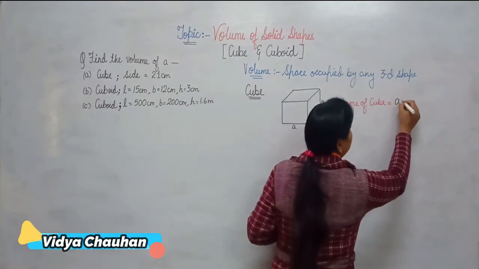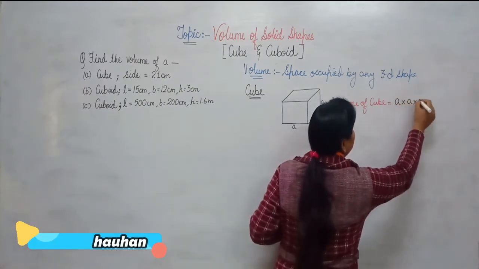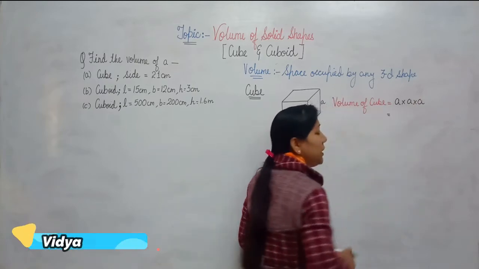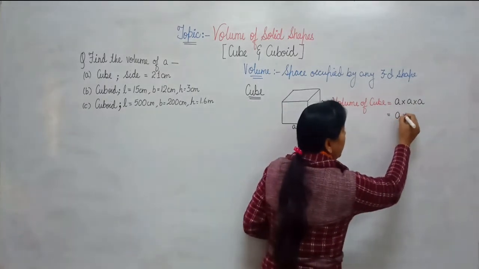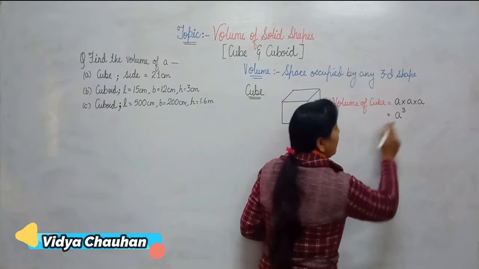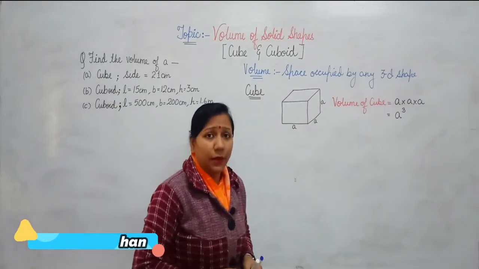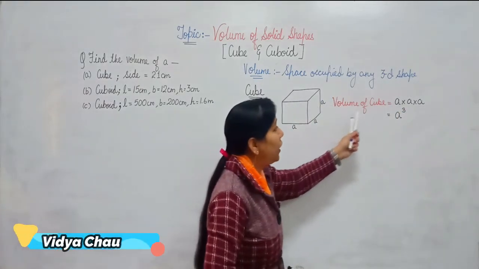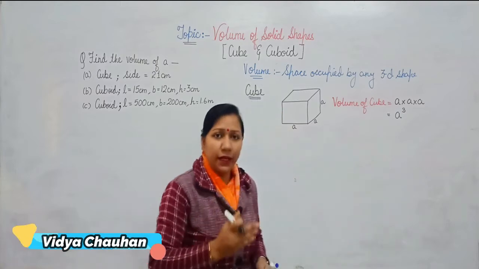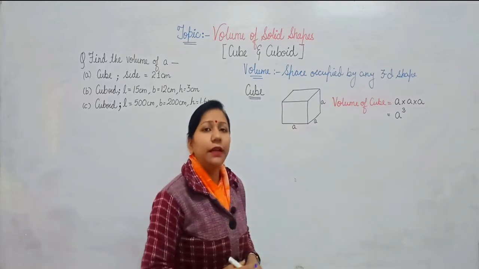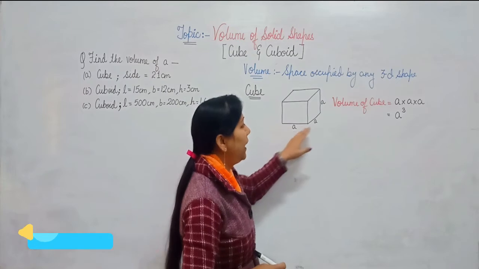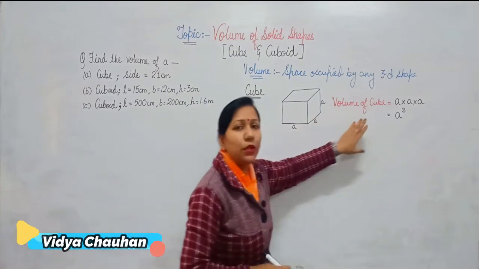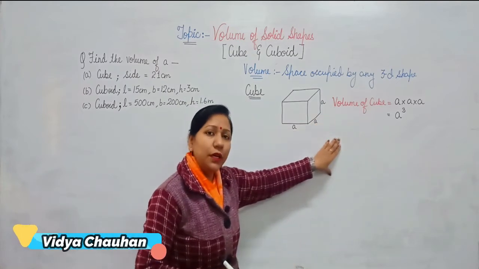It is A into A into A. That is A multiplied by A multiplied by A, and it comes out as A cube, or A to the power 3. So this is the formula for the volume of a cube, which is side A into side A into side A, the multiplication of all three dimensions, length, breadth and height. That will give you the volume of a cube.